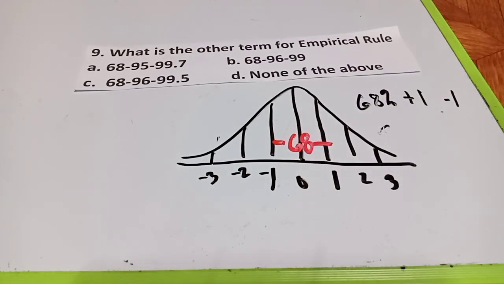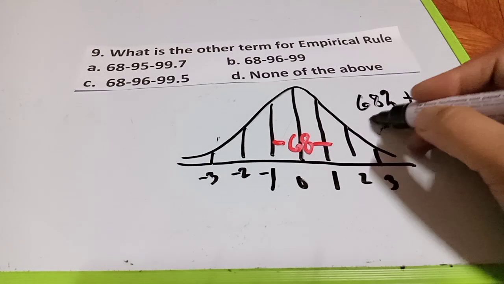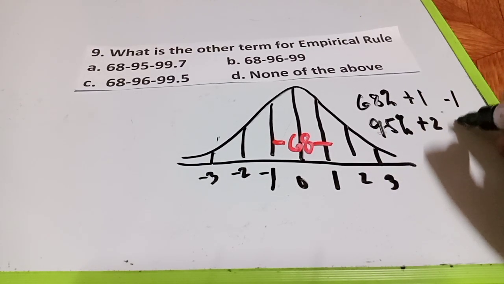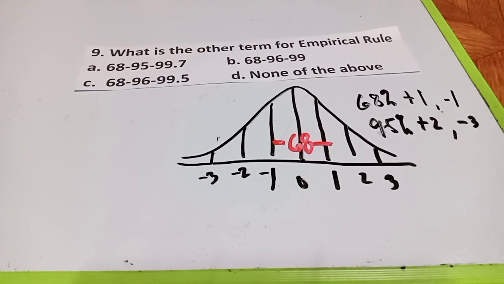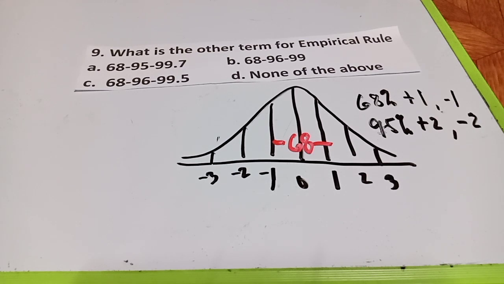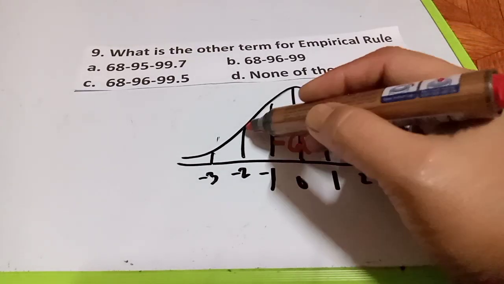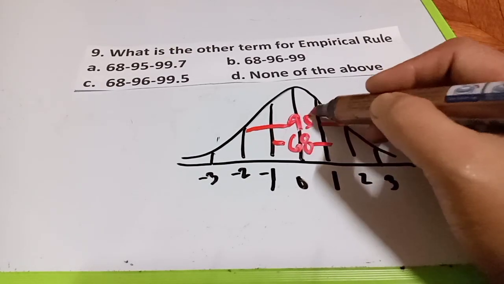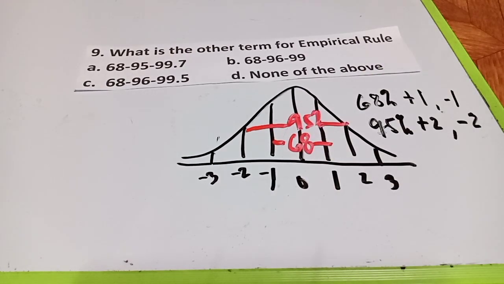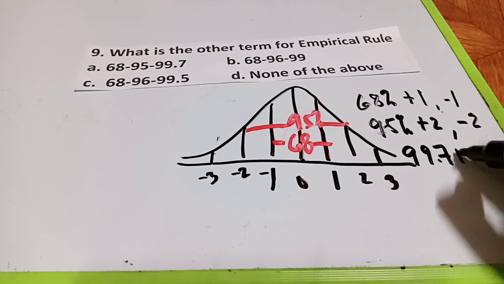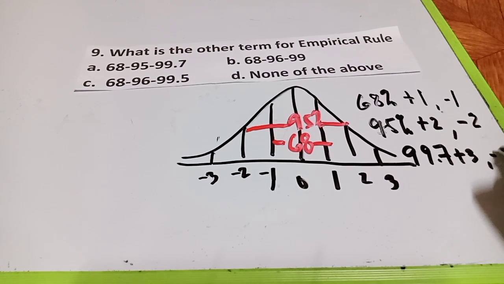And 95 always belongs to positive 2 and negative 2. So this will become the 95%. And 99.7 belongs to positive 3 and negative 3.